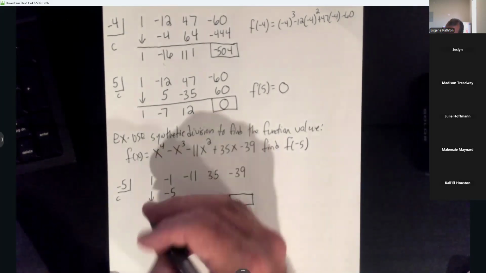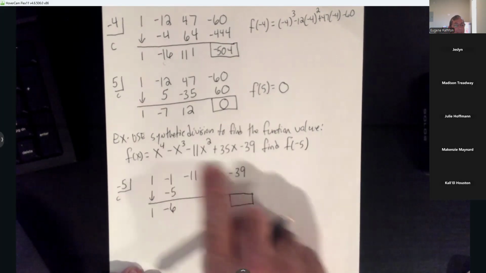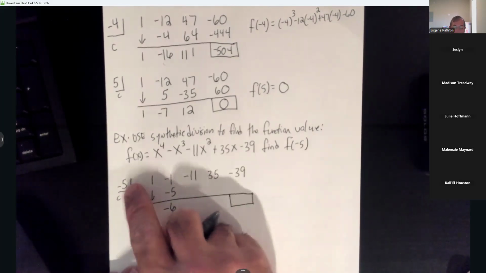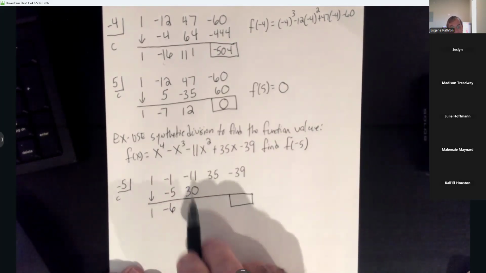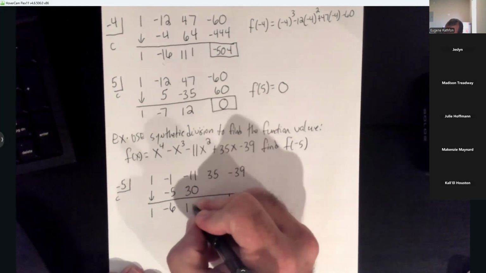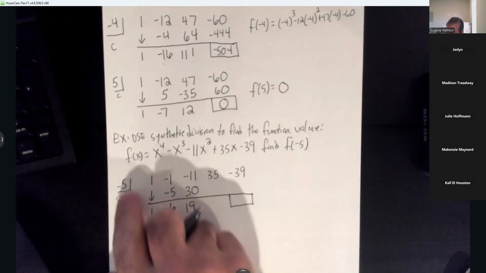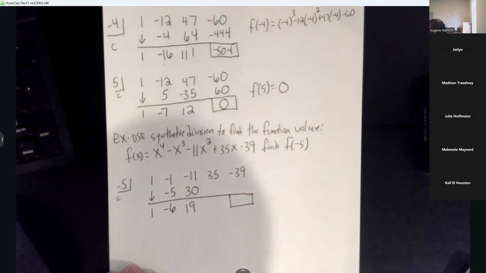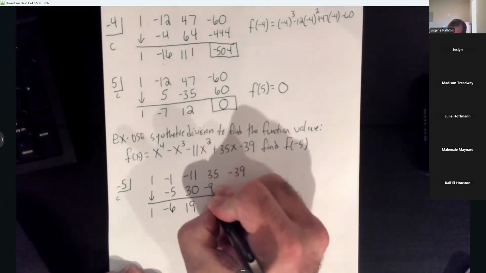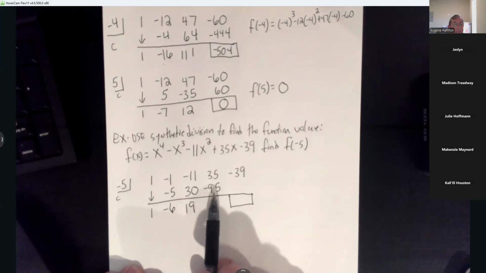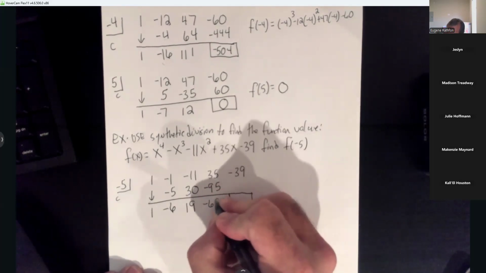So add the numbers together. That's going to give me a negative 6. So good job, Julie. And then we're just going to keep repeating that, okay? So negative 6 times negative 5 is 30. 30 and negative 11, that's going to give me what, 19? 19 times negative 5 is a negative 95. Negative 95 and 35 is a negative 60.